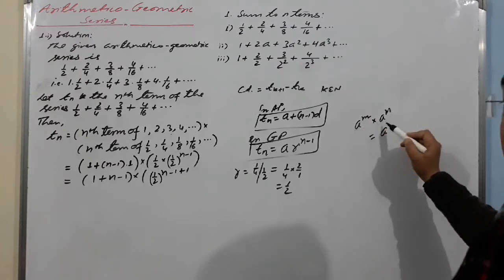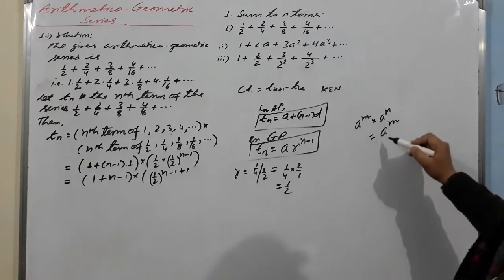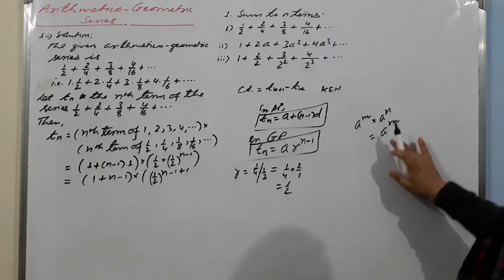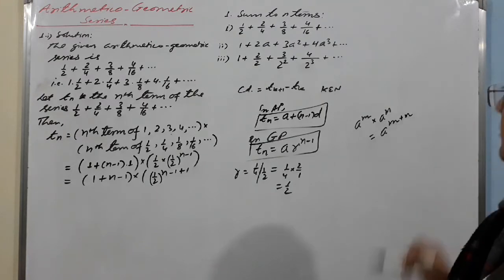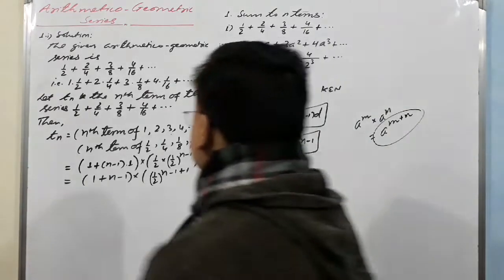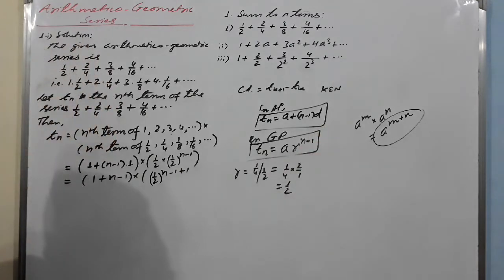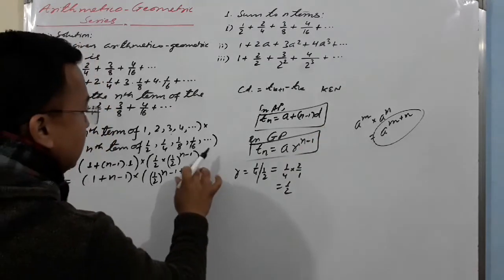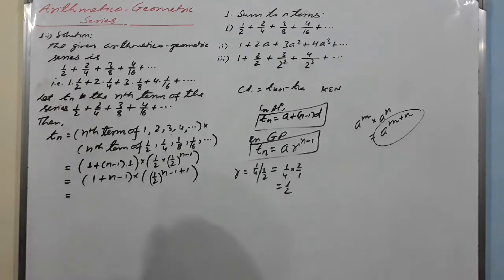If we have the same base and they are in a product, then in the result you write the same base and the powers get added, m plus n. You can write a raised to power m plus n. The same thing happens here as I have done. This is called the law of indices. You have studied it in early classes, so there is no doubt.